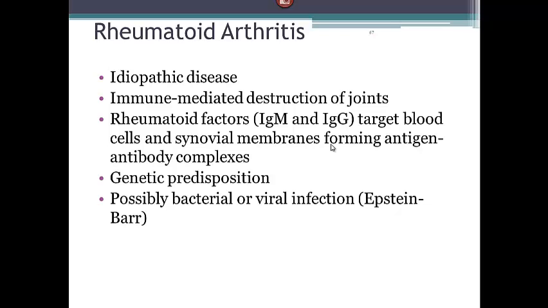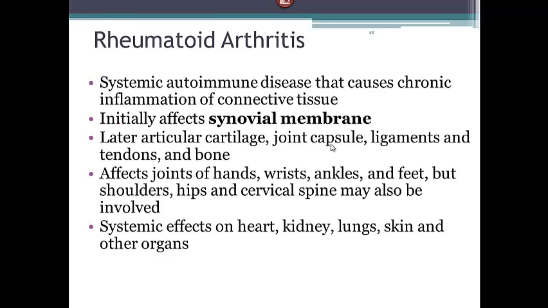It's mediated by IgM and IgG, targeting the synovial membranes, forming antigen-antibody complexes. There's a questionable bacterial or viral infection, such as mononucleosis. Remember that it initially affects the synovial membrane, later cartilage, joint capsules, ligaments, and tendons.